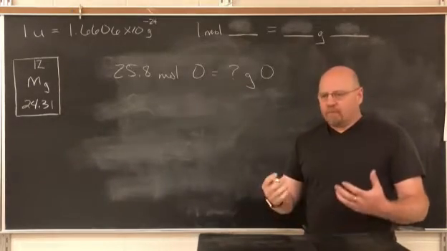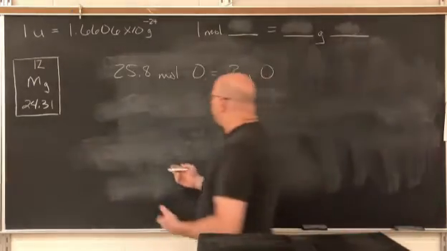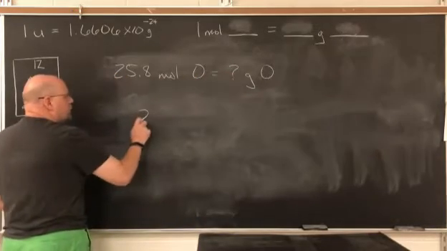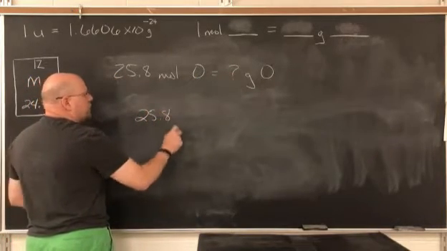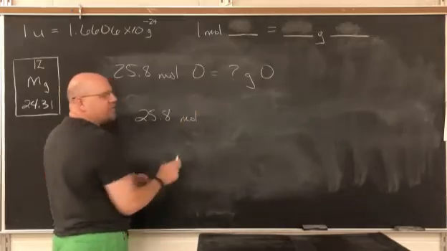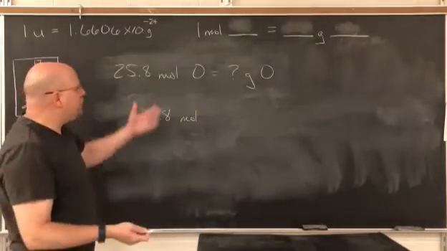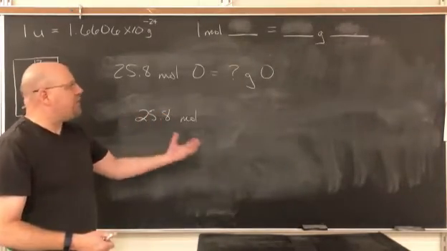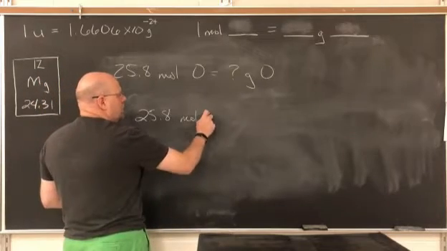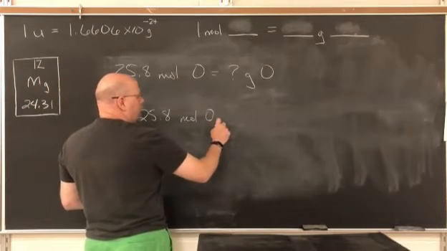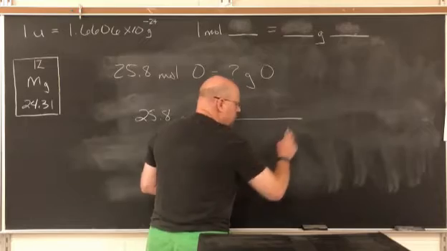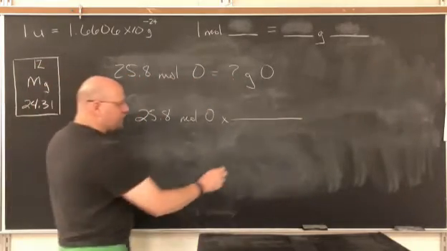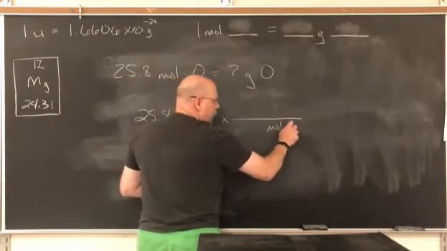Same setup. Hopefully you're getting pretty used to these conversions. The setup of these is the same. It doesn't matter what units they are. Even though this is a new unit, the setup of our conversion is the same. So 25.8 moles of oxygen times blank. Moles of oxygen. That's our automatic step.